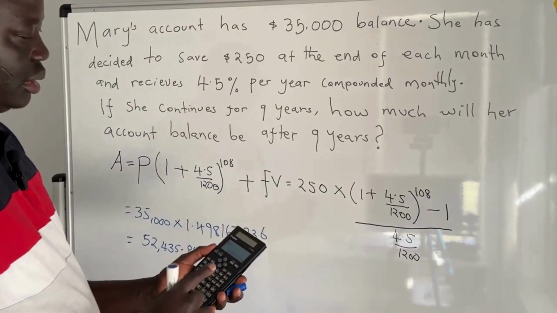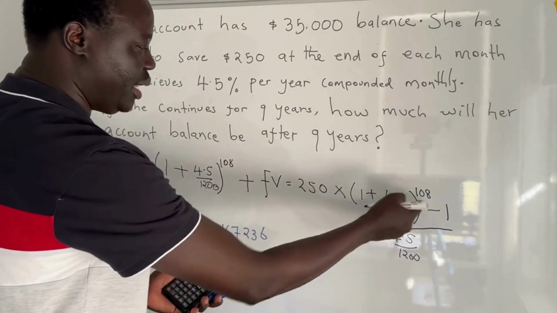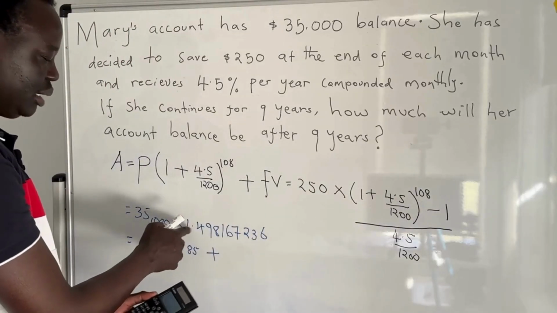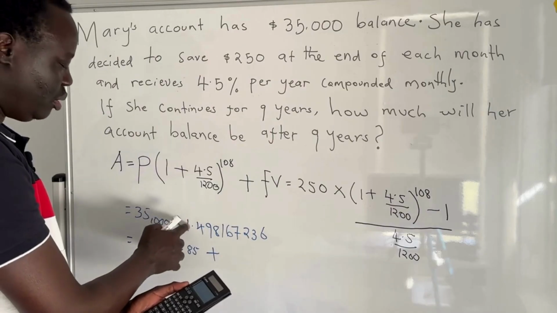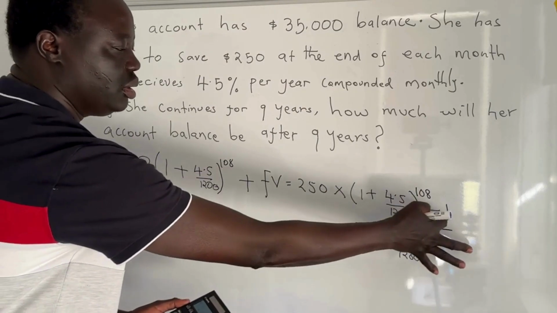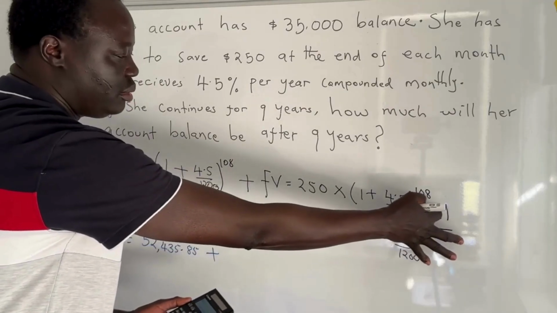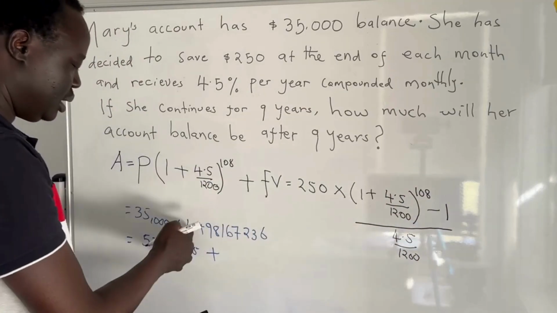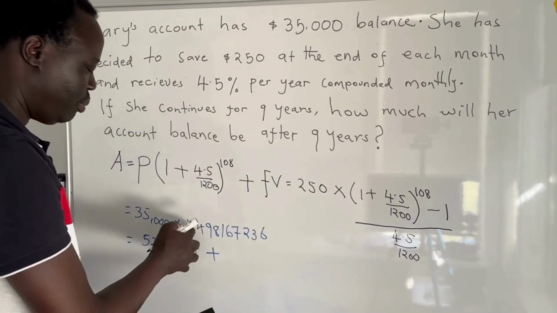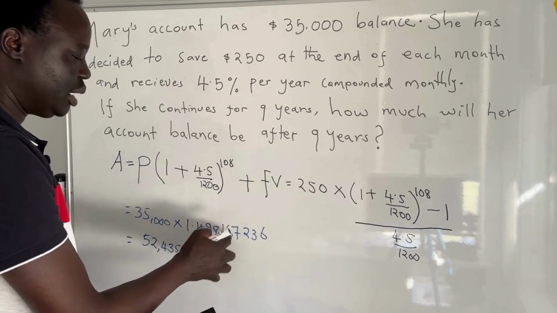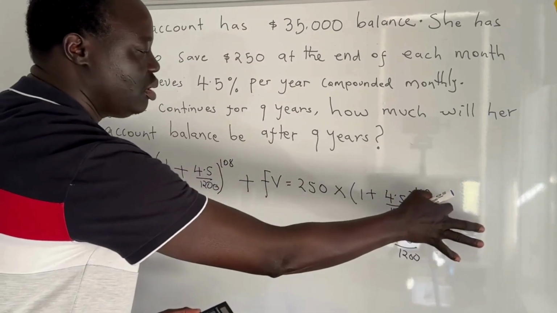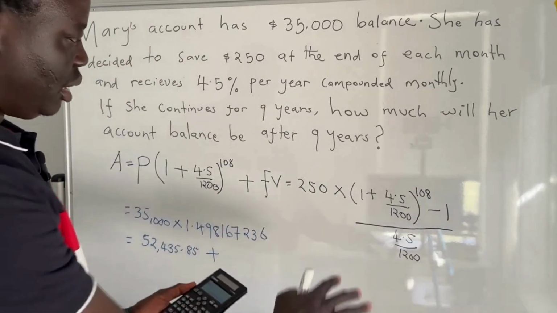And then what you got from there, minus 1, is going to give you 0 point this number. That's what you will have after you subtract 1 from the figure here. Take away 1, so you got 0.498167236.